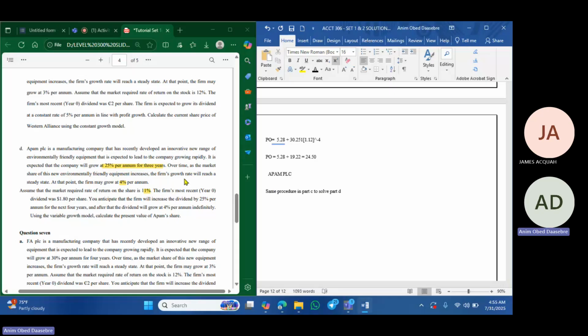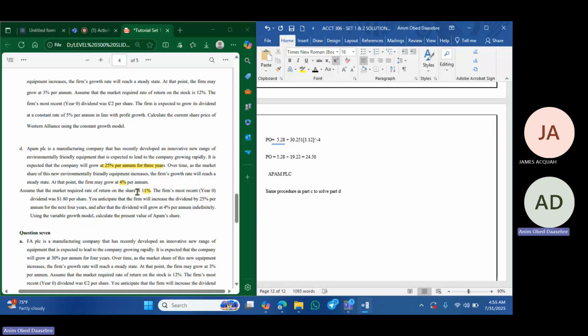You find the future value for the first 3 years, using the Gen 1, 25%. When you get to year 4, you find the perpetuity, you grow the year 4 into year 5 upwards going.